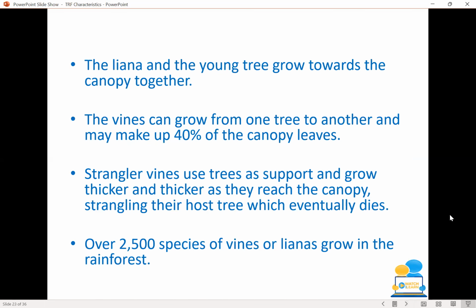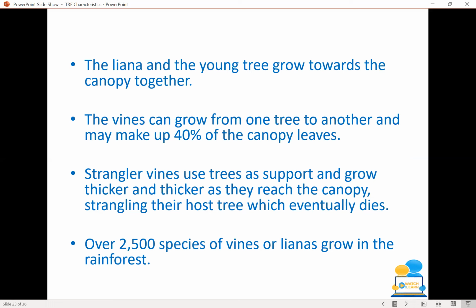The liana and young tree grow towards the canopy together. The vines can grow from one tree to another, and this can actually make up 40% of the canopy leaves. Strangler vines use trees as support and grow thicker and thicker as they reach the canopy, strangling their host tree, which eventually dies, as I've said to you already.